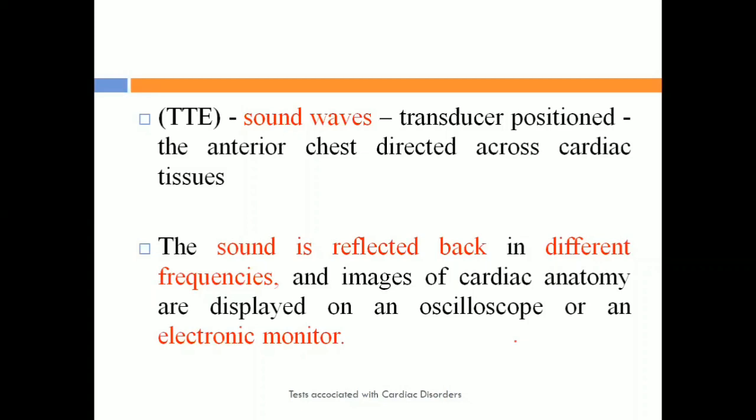The sound is reflected back in different frequencies. Based upon that, we'll have images on an electronic monitor or an oscilloscope. Based upon the different frequencies, the sound reflects back from the heart to the detector.